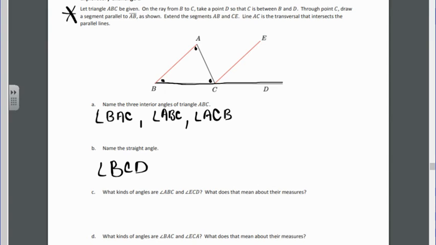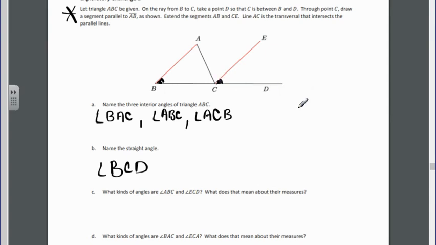It says, what kind of angles are angle ABC, so this angle right here that I've colored in, and angle ECD, so here it is. Now the picture has 2 red lines. On your paper, they don't look red because we can't make colored copies.